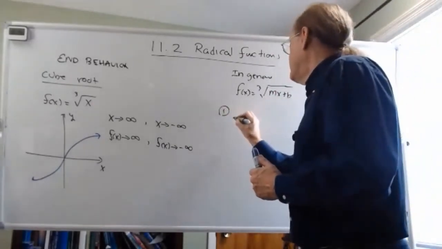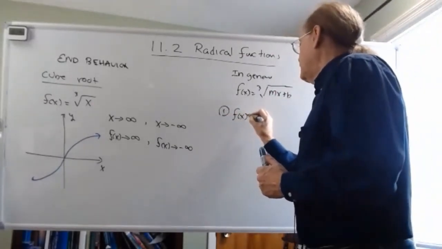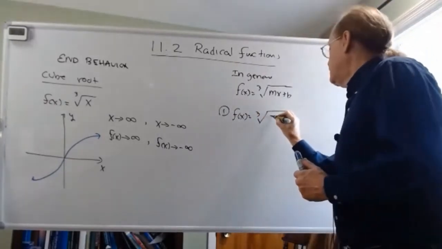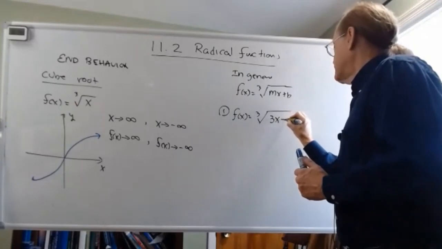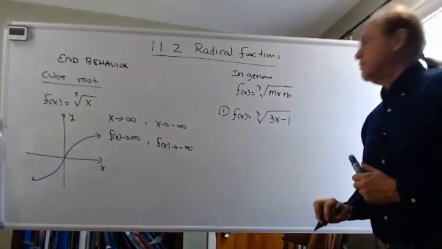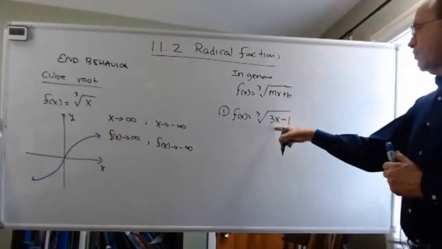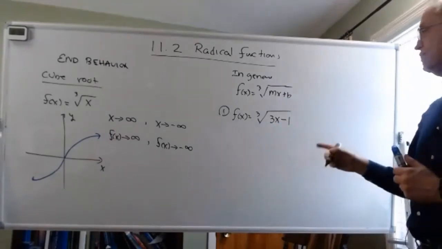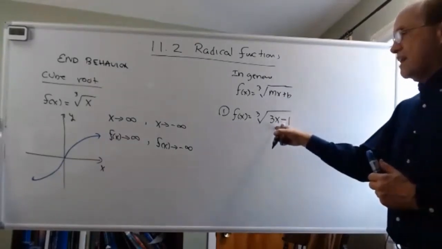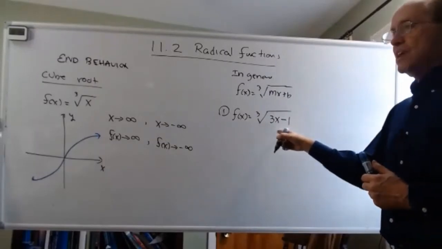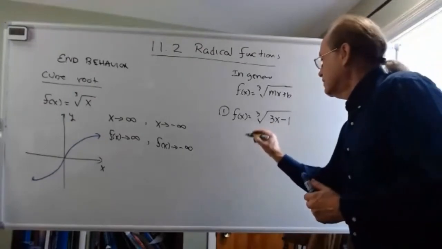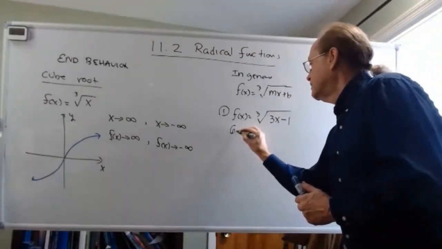Say, for example, f of x is the cube root of 3x minus 1. Well, what would that look like? First off, we can see that the domain is all real numbers, and the range is all real numbers. When I look at the graph of this, this is just going to shift a little bit on the x-axis, you'll see. So let's go right to the graph.